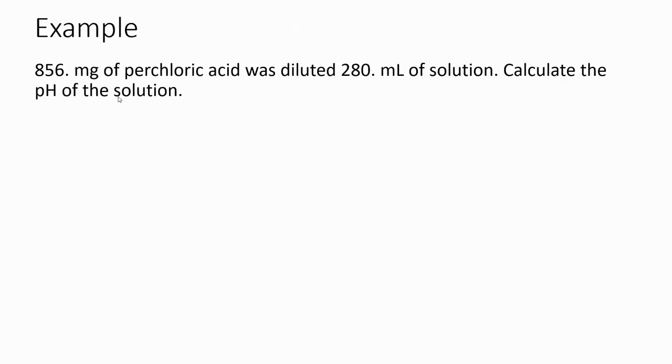Okay, so this is going to be similar to an Alex question. This tells us we have 856 milligrams of perchloric acid. So we have to figure out what perchloric acid is because we need the molar mass. The first thing we're going to do is find moles of perchloric acid.